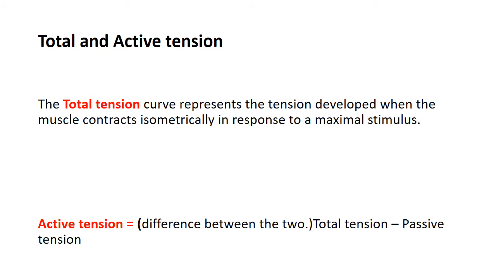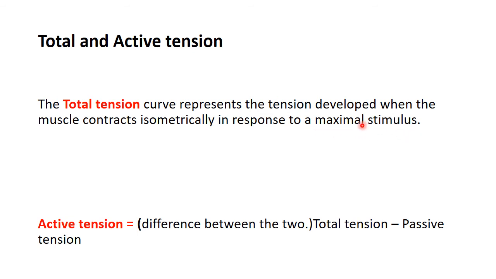Now, what do you mean by total and active tension? The total tension curve represents the tension developed when the muscle contracts isometrically and when we apply a maximal stimulus.